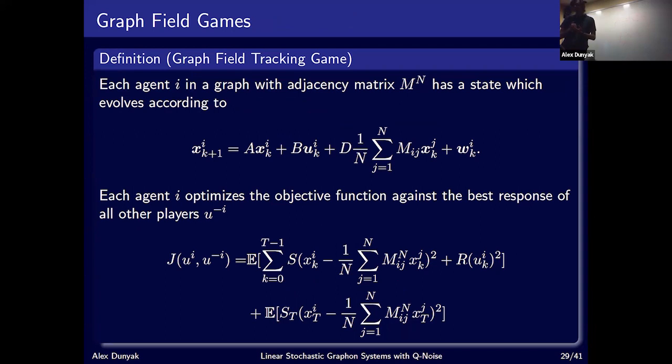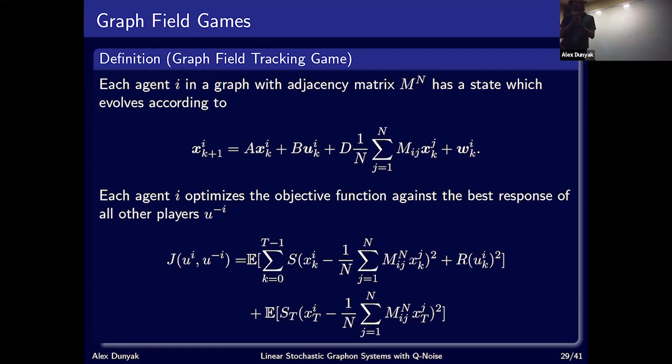So we're going to look at a graph field tracking game where each node is trying to match the state of its neighbors. So here, instead of having a graphon A operating over the system, we just have a local state feedback A times the local state xi for each i, plus a local control, plus some constant d times this average over the graph adjacency matrix M of all other states, plus the ith index of your discrete time Q noise.